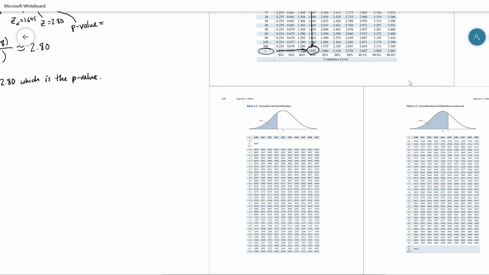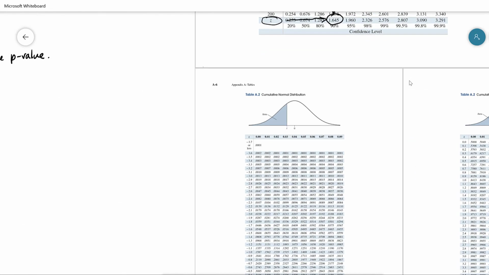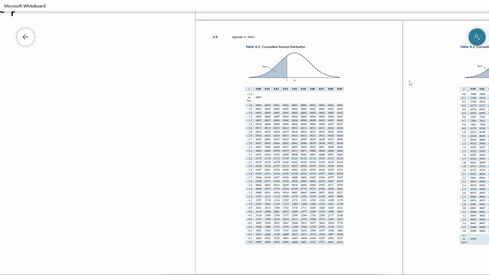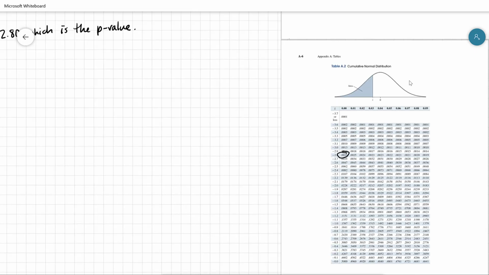So either of these two numbers, here's the z equals negative 2.8 number, or I can do 1 minus the z equals positive 2.8 number. Both of them give the same result.